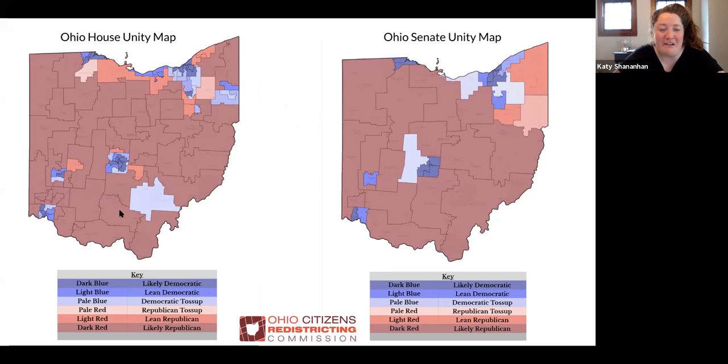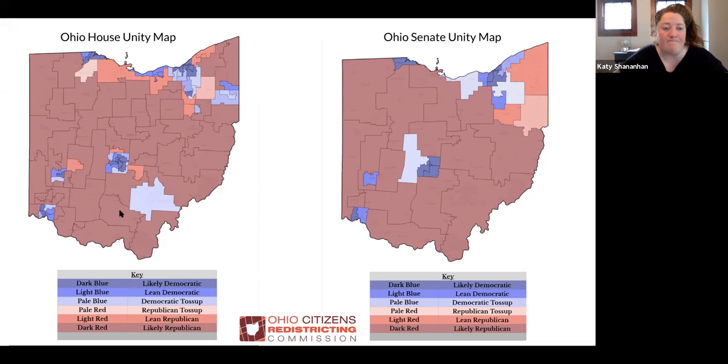But I do want to come to the defense of map drawers, because the municipal boundaries in this state are wild and they are not straight lines, especially when you're looking at major cities that have incorporated a lot of those smaller towns or villages or townships. So sometimes the district will look really wonky, but we're actually following municipal boundaries. And that's on purpose to make sure that we are keeping communities together as much as possible.